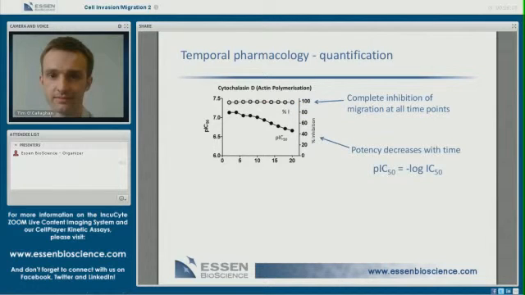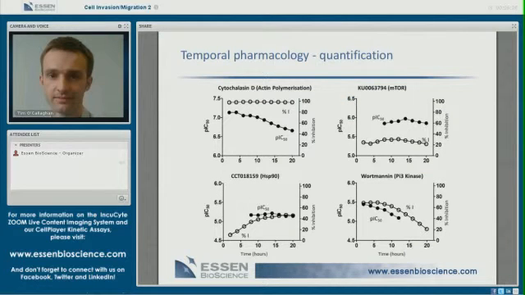We can now compare this temporal pharmacological profile with those for the other compounds, and for the HSP90 inhibitor, we see that at the early phases we saw very little inhibition that increased over the time course of the assay and ultimately prevented wound closure at the maximal test concentrations.